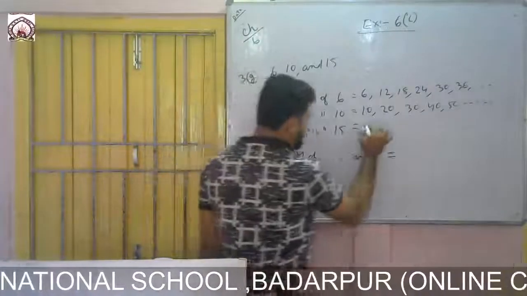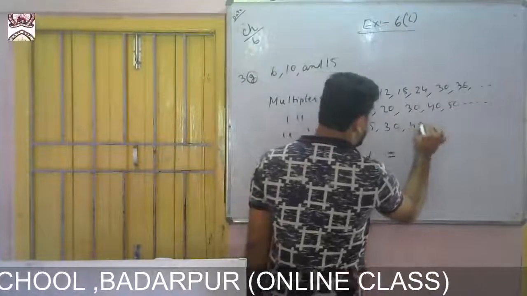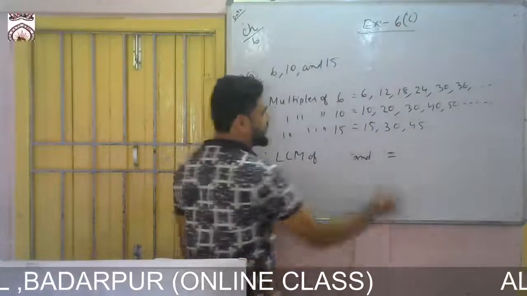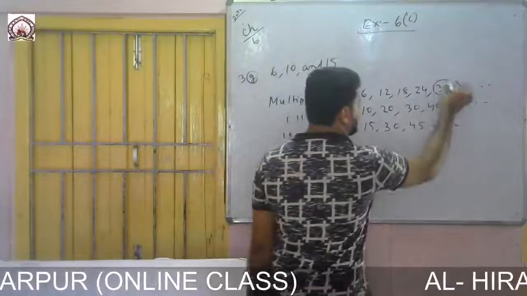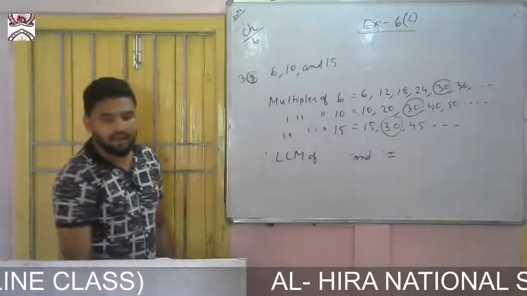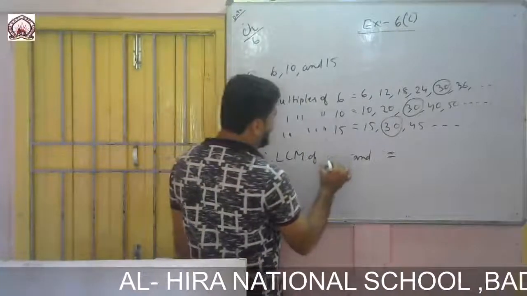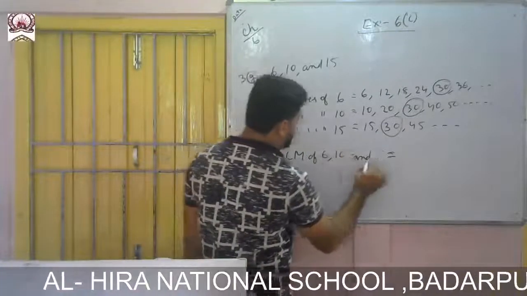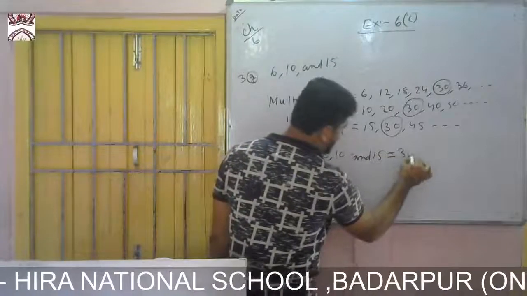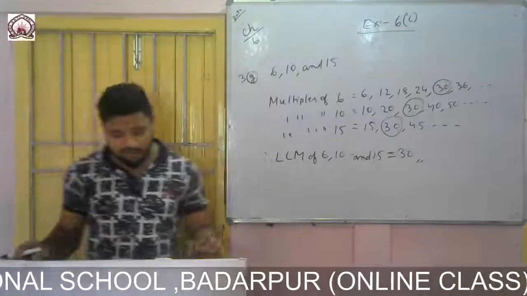With 15: 15 1s are 15, 15 2s are 30, 15 3s are 45. I am not going more because I already got 30. You need to check. 30 I am getting in every case, so the LCM of 6, 10 and 15 will be 30.